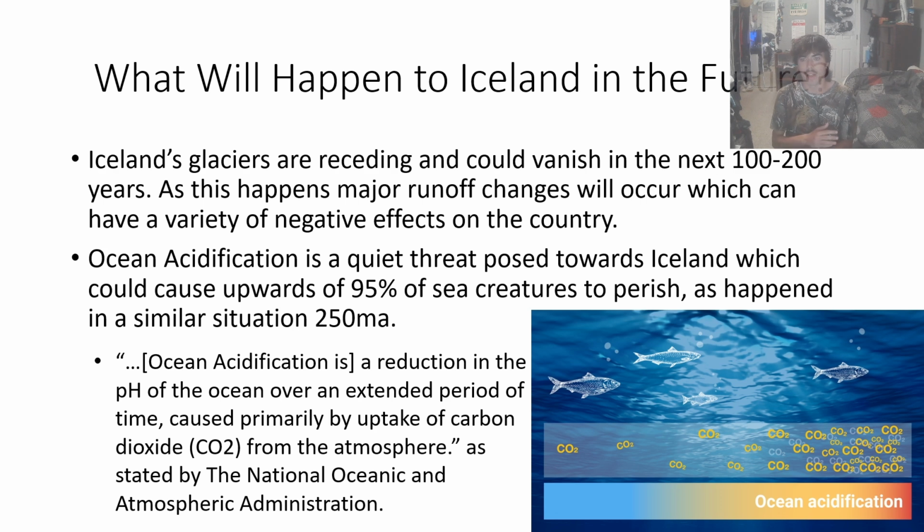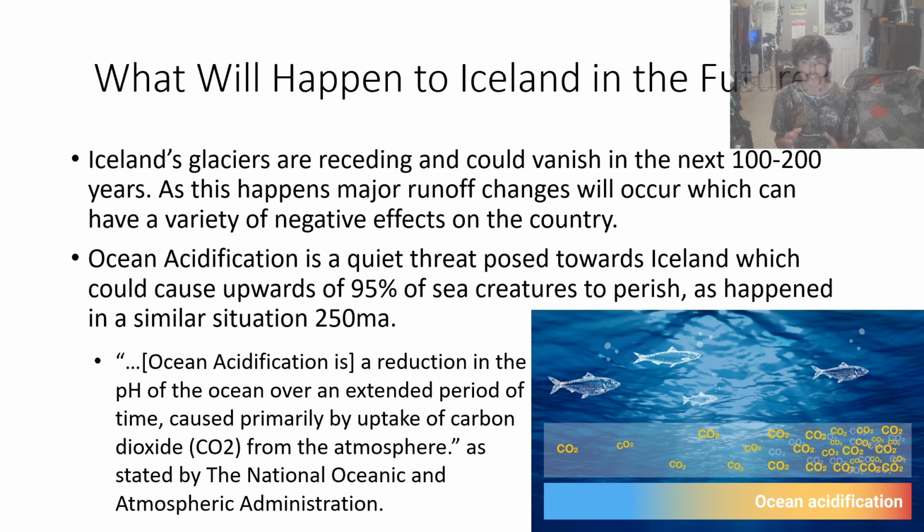There's going to be less fish, less sea creatures, and 250 million years ago, something similar happened where the carbon dioxide levels got increasingly high. 95% of sea creatures perished. That's basically extinction, and that is very, very bad for the biological diversity on our planet.